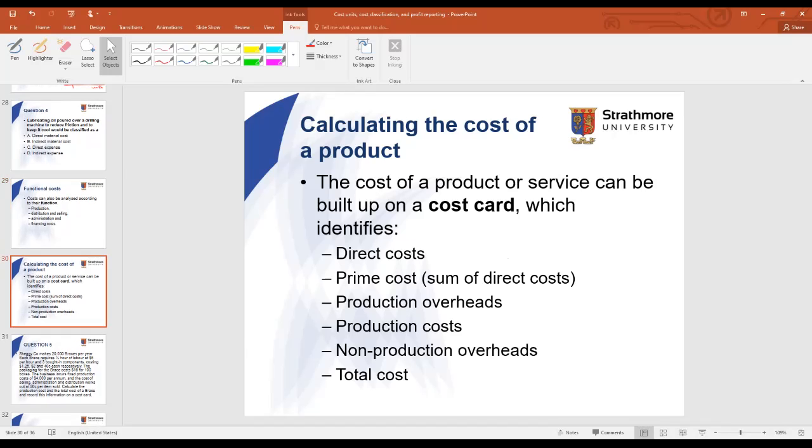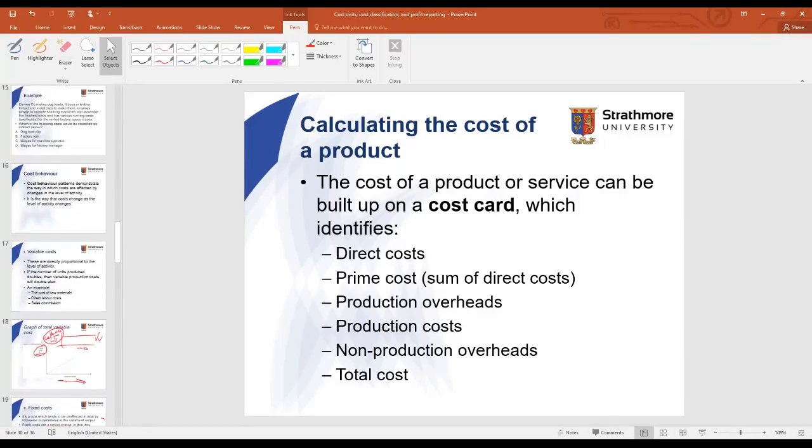I think we did discuss how you can prepare what we call a cost card, where you have the direct cost, both material and labor cost, as well as the direct expense cost. Don't forget the sum of the direct costs gives us what we call the prime cost. I hope you still remember the cost card that we prepared before. Let me go back there.